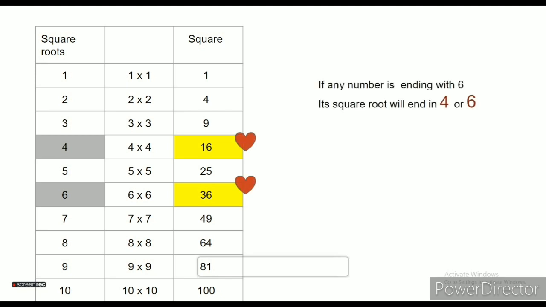Now, observing the fourth column, it indicates that if any number ends with 6, its square root will end in 4 and 6.